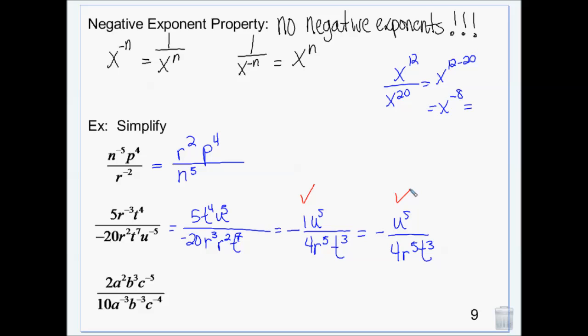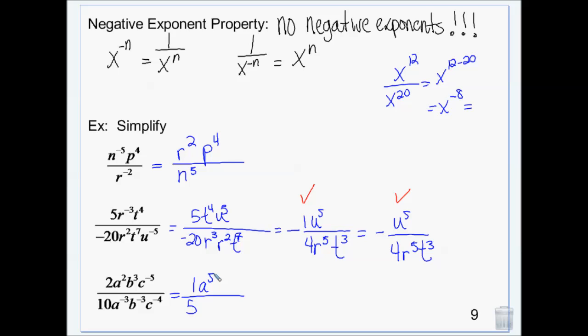2/10 reduces to 1/5. A to the negative 3 becomes positive 3, right? And I throw it up here. Do you guys want me to combine it in one step or do 2 steps? One step's fine. So negative 3 becomes positive 3 and it comes up here with this a squared. So I add it together.